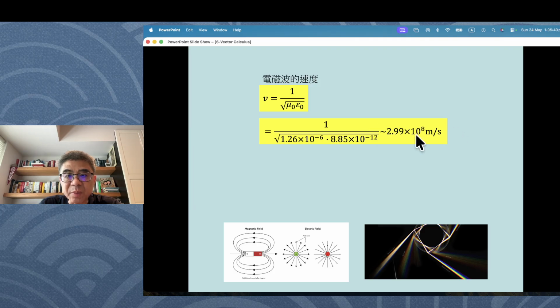Inverting, it becomes 10 to the 9th. The square root of the remaining factor is about 3, so it's about 0.3 times 10 to the 9th. Put everything together, and we arrive at the speed of electromagnetic wave, 3 times 10 to the 8th meters per second.